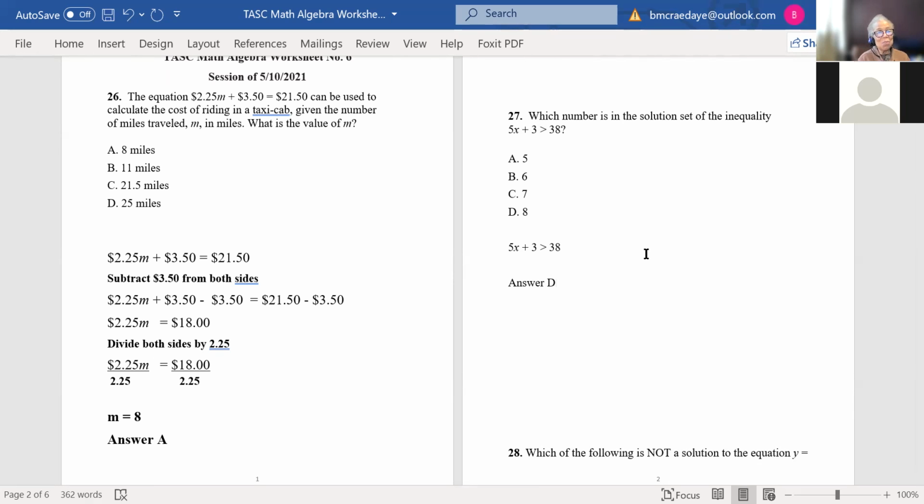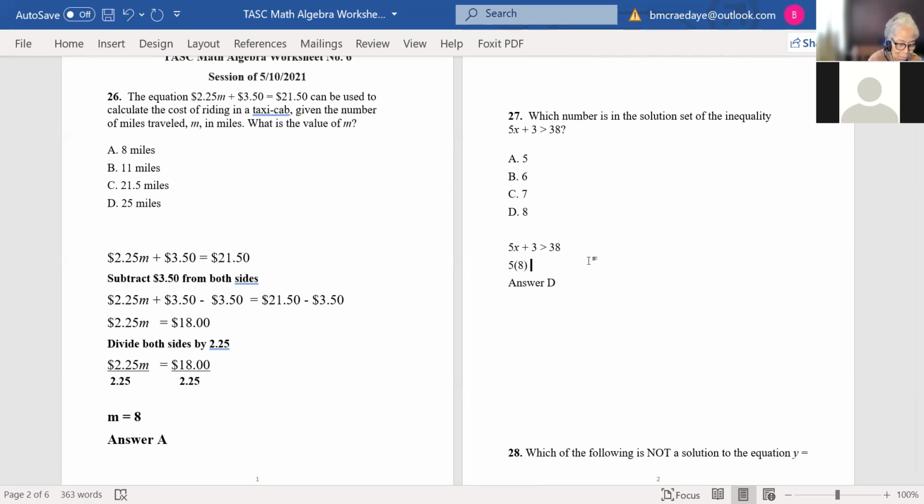Because when you multiply, if you took 7, you get 35 and 3 is 38, but that's not greater. That's an equal. Very good catch, Maureen. You picked that 8 because you know when you multiply 5 times 8, it's 40.